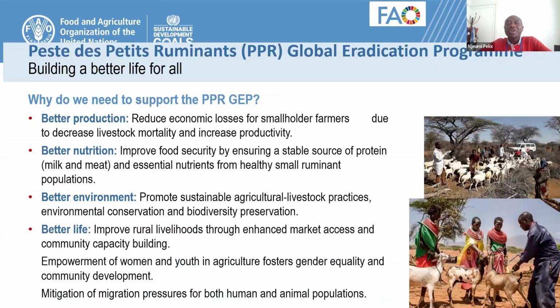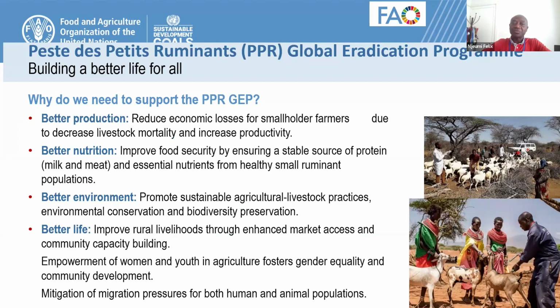But what we can ask is, why do we really need to support the PPR program? Because, and it is more or less the summary of what I was saying, it contributes to better production, because it reduces economic loss for smallholder farmers due to decreased livestock mortality and increased productivity.